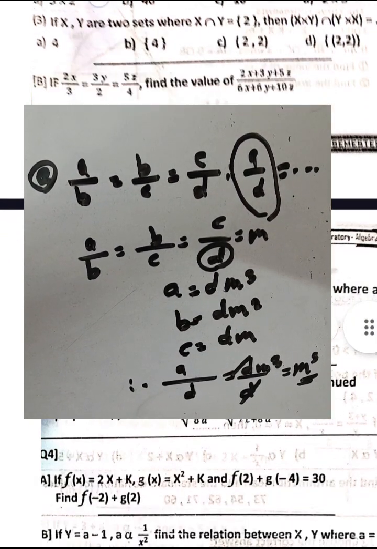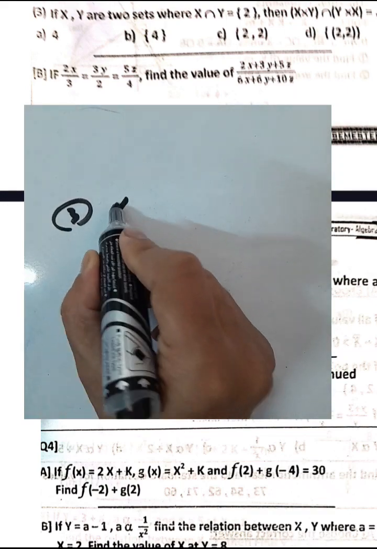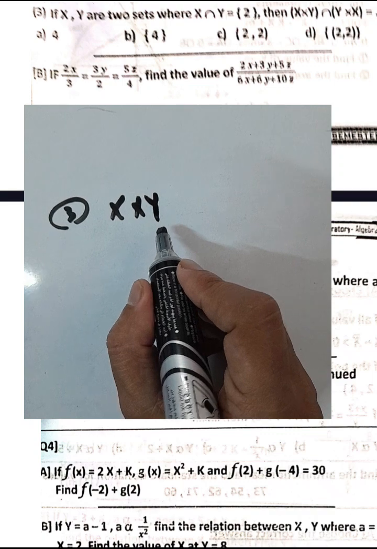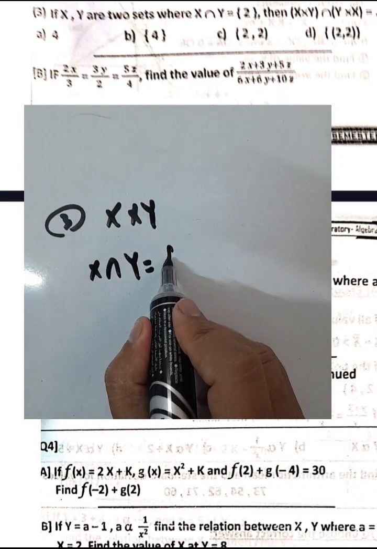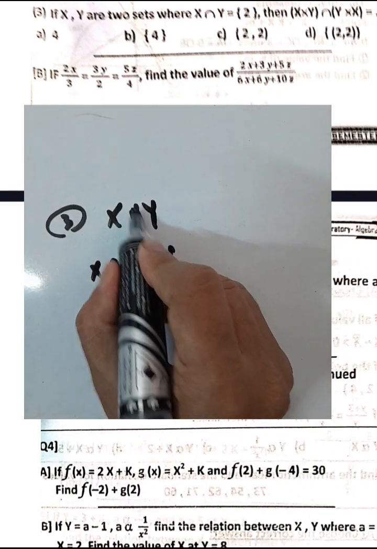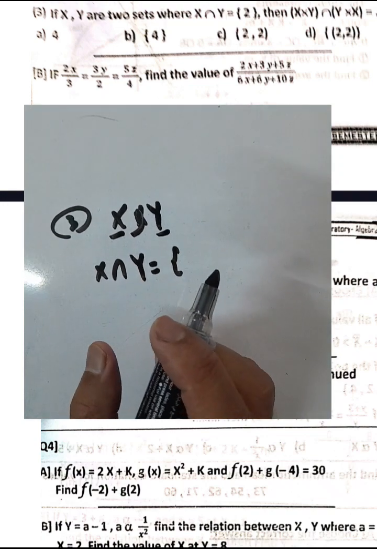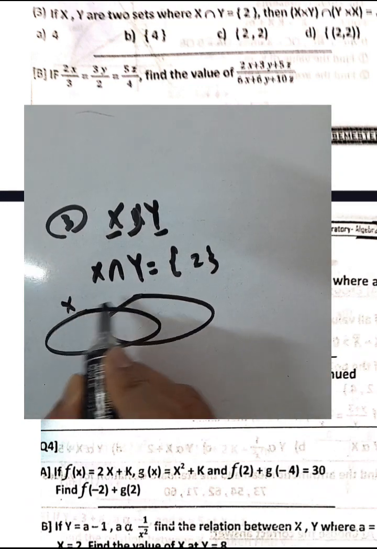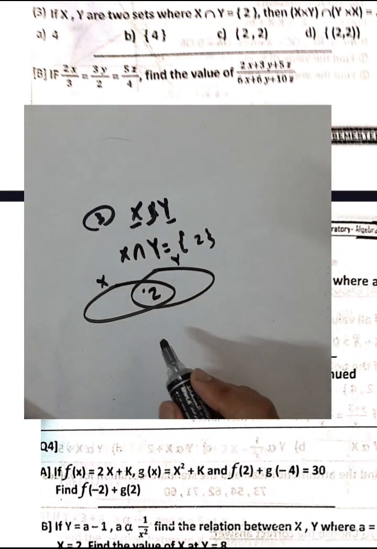Question number 3. If x and y are two sets where x intersection y equals the element 2, from the Venn diagram we have x and y, and we have 2 here, and x difference y.